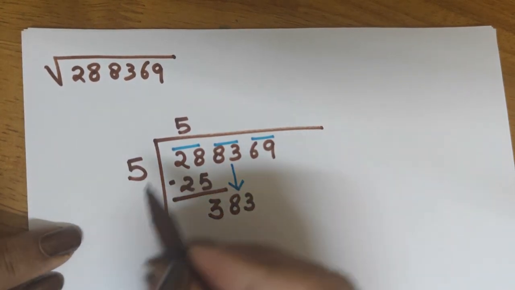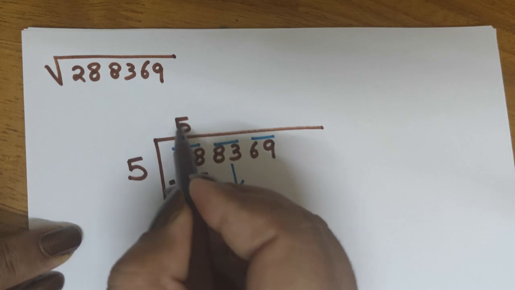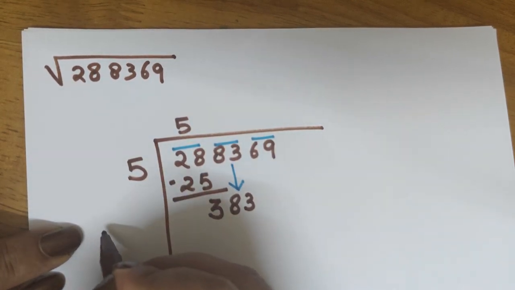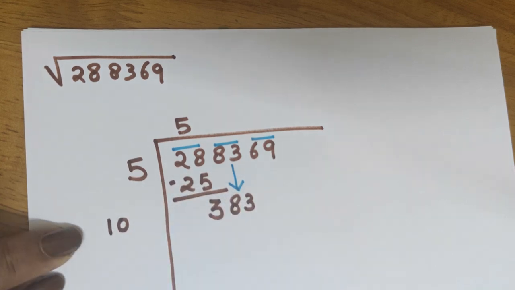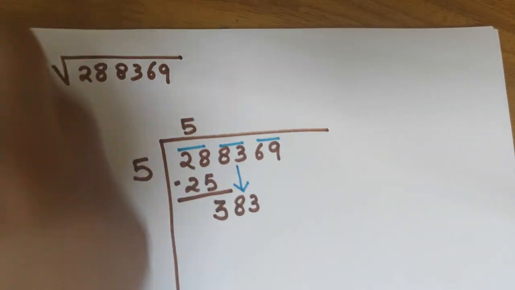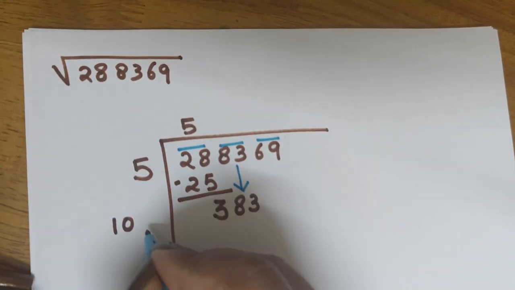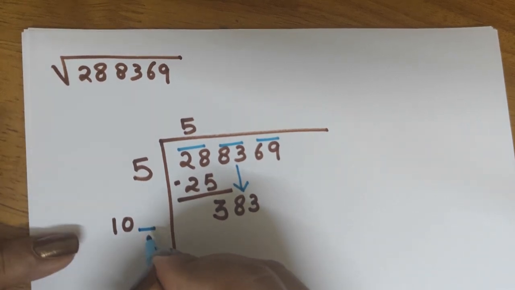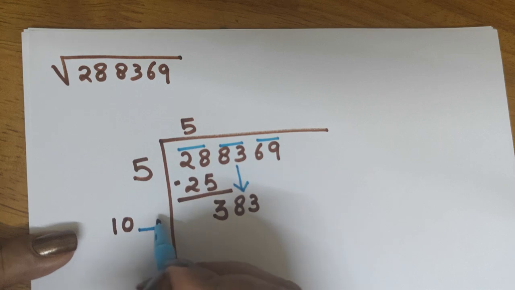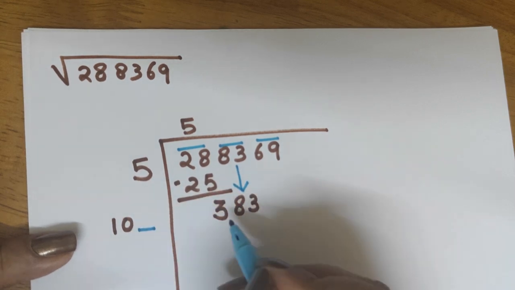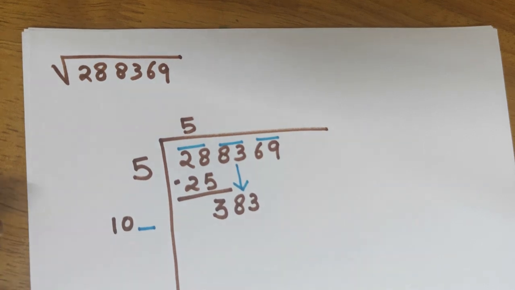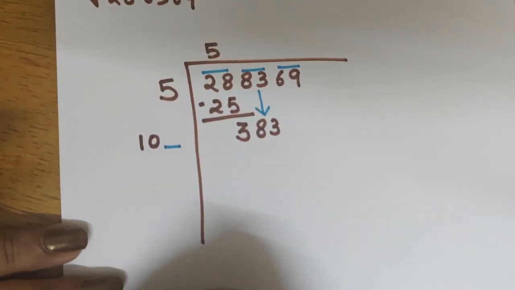And what will come here? We will multiply this 5 by 2 and we will get 10. Now I have an empty space here. I have to fill a number which when multiplied by the whole number will be equal to or less than 383. So let's start multiplying. Let's first pick 1.